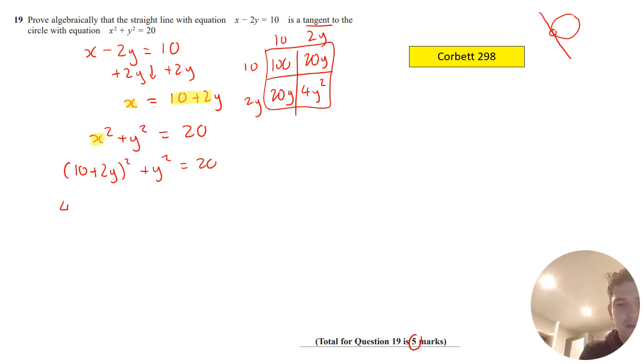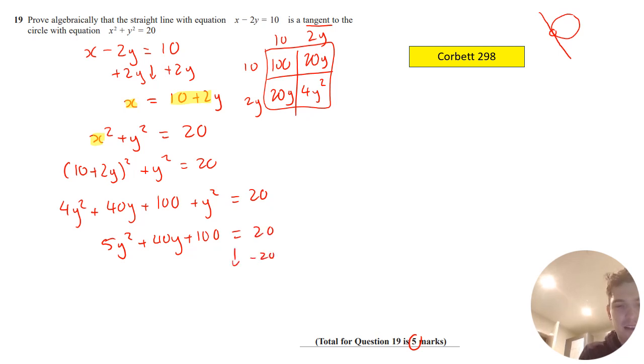So that's going to give me 4y squared plus 40y plus 100 plus y squared equals 20. Let's collect like terms. And because this is a quadratic, I'm going to make everything equal to 0.